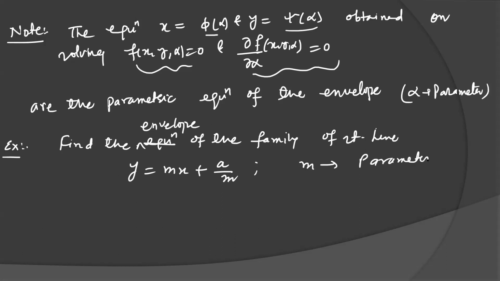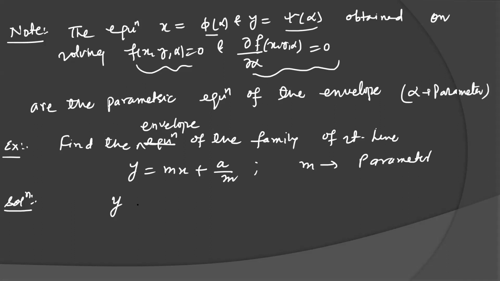We can see that m is just like the slope of the straight line, and for different slopes we will get different straight lines. We want to find the equation of envelopes. Let's see the solution, then only we can see the geometrical interpretation of this.